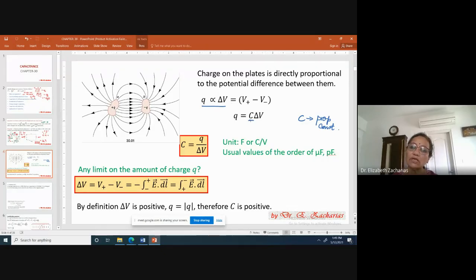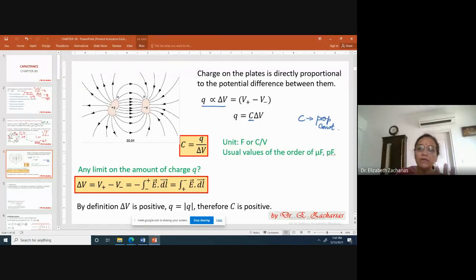And from here you get capacitance is equal to Q divided by delta V. If you look at the unit, Q is charge, coulomb, and the potential difference is volts. So you can say it is coulomb per volt, or another name for coulomb per volt is farad. Coulomb per volt is also called farad.